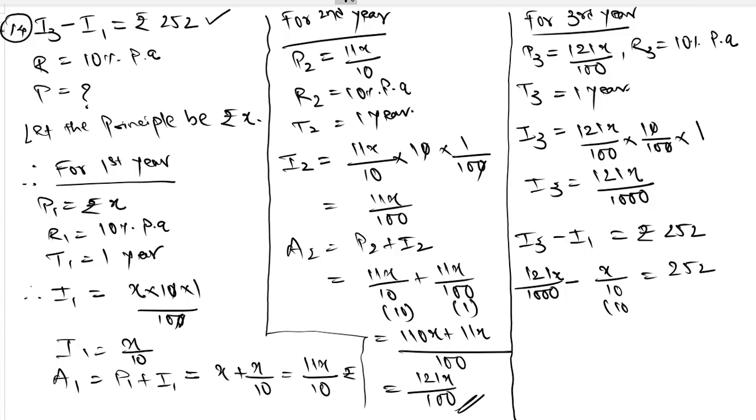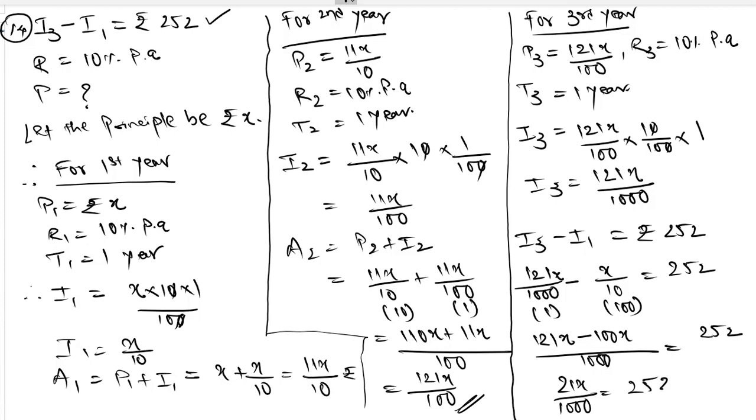So if we take LCM and simplify, this will become 121x minus 100x upon 1000 is equal to 252. So this will become 21x upon 1000 is equal to 252.